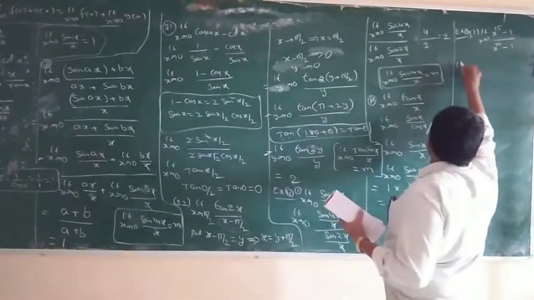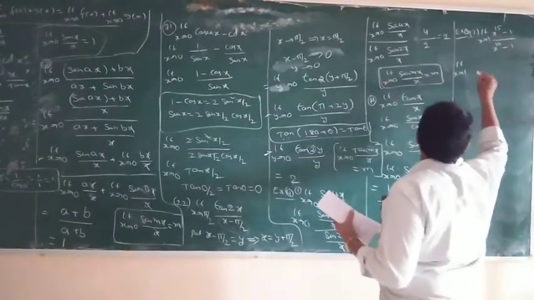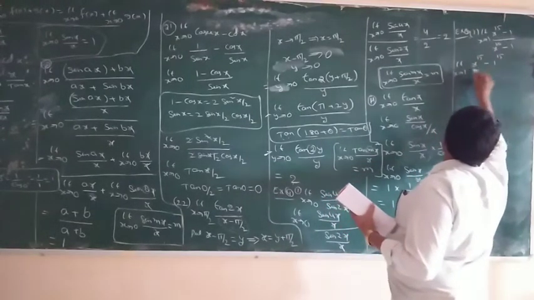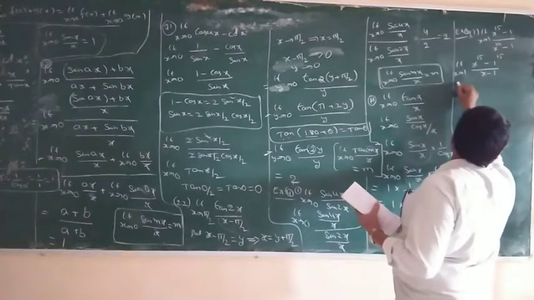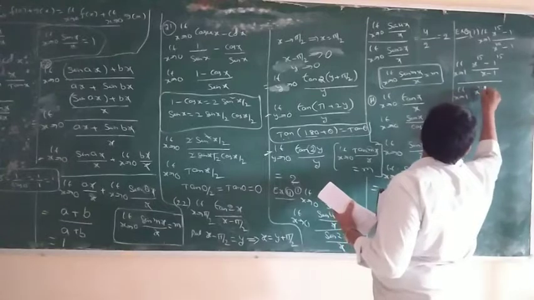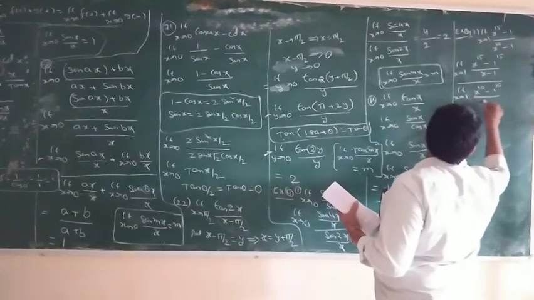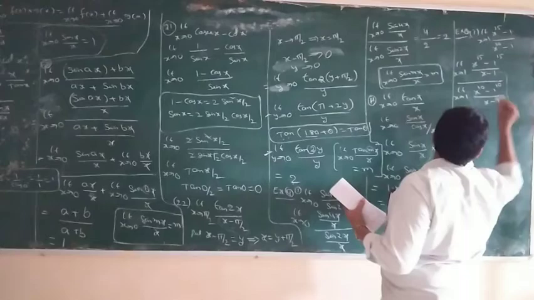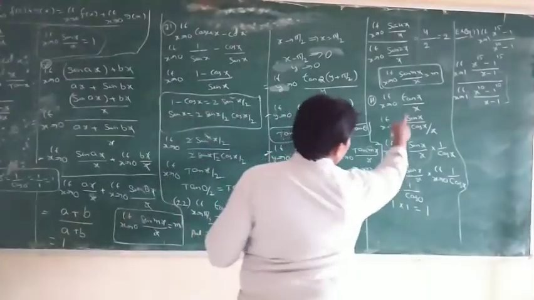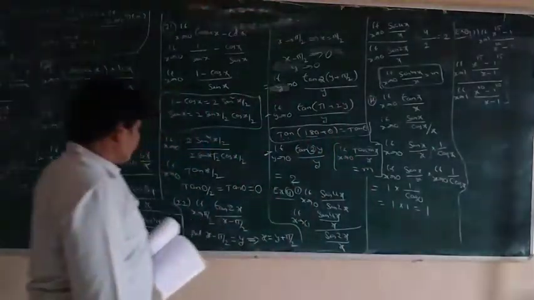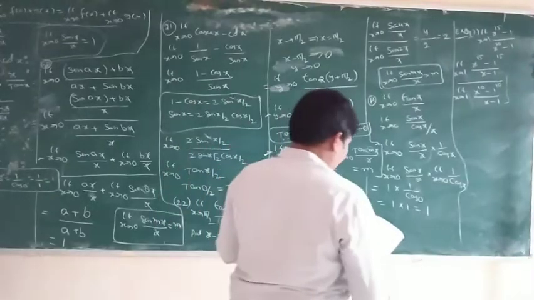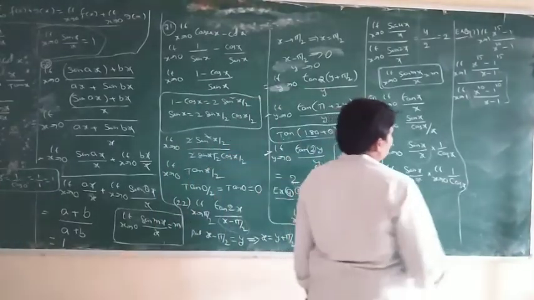So this is also: limit x tends to 1, x power 15 minus 1 power 15 by x minus 1, over limit x tends to 1, x power 10 minus 1 power 10 by x minus 1. Here, divide and multiply by x minus 1.